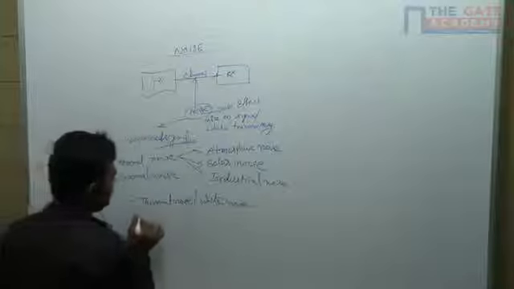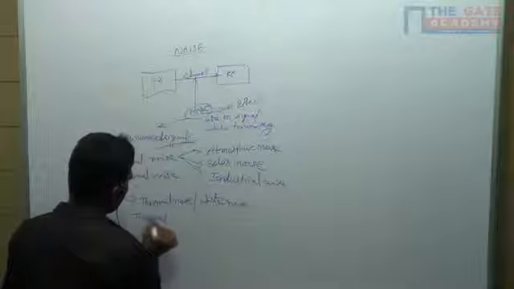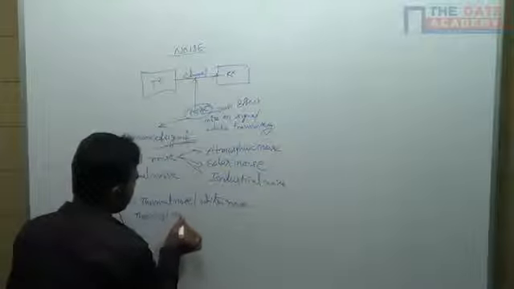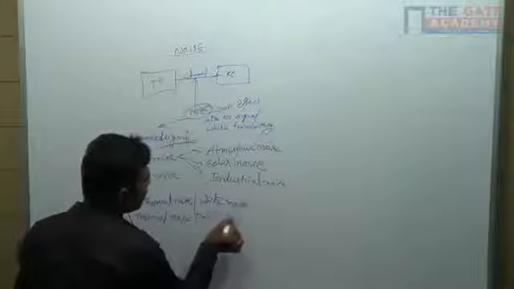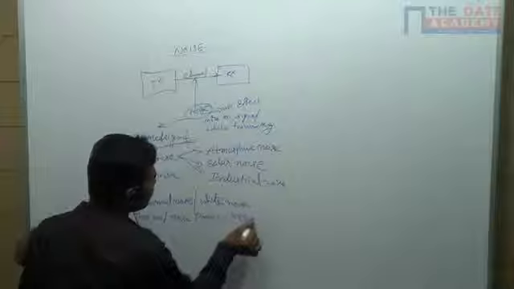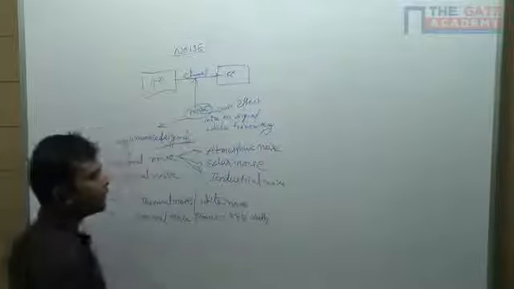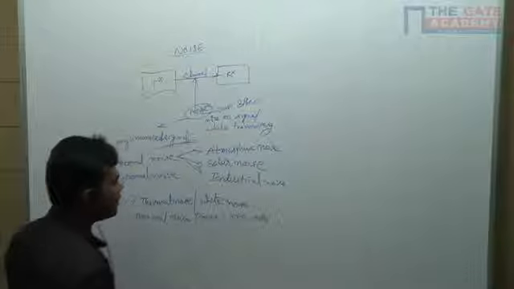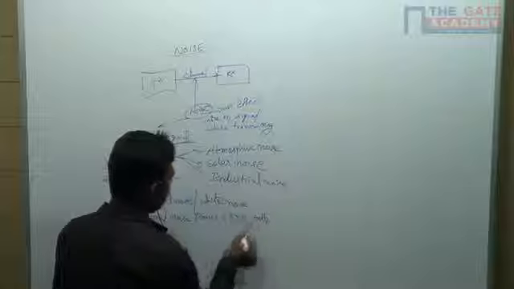So the thermal noise power is equal to kTB watts. Okay, kTB watts. This is the thermal noise power.